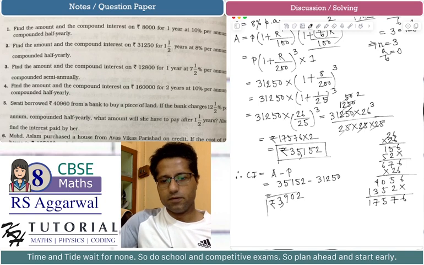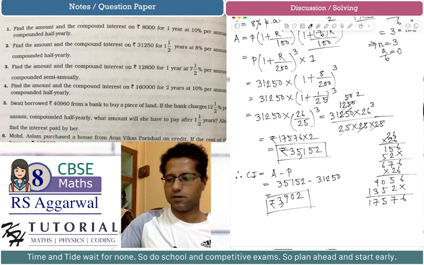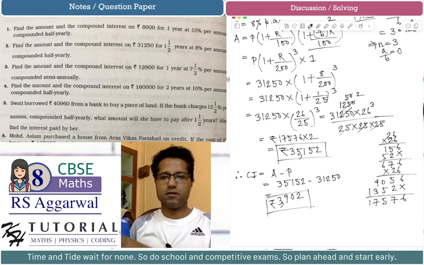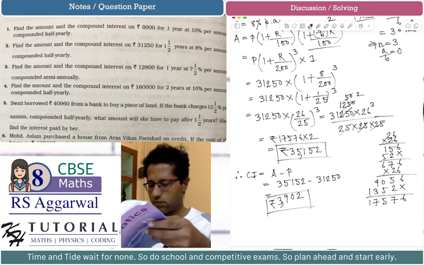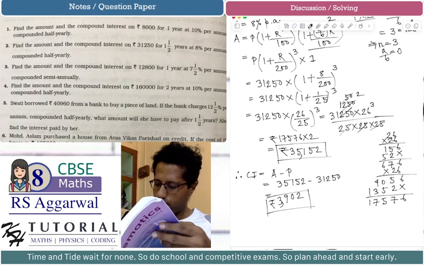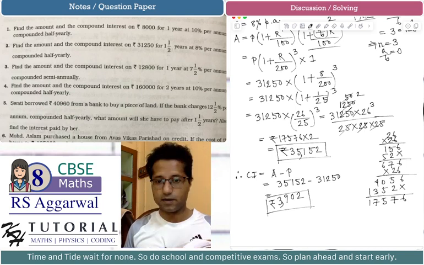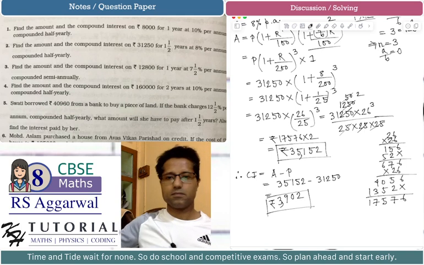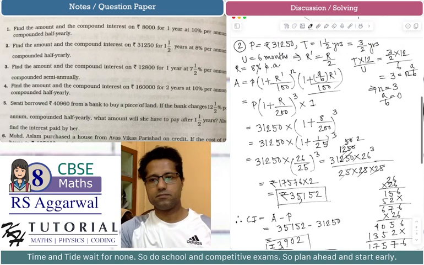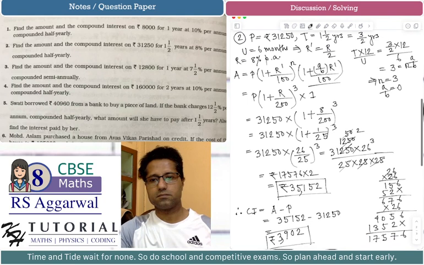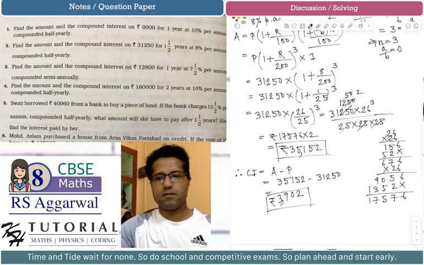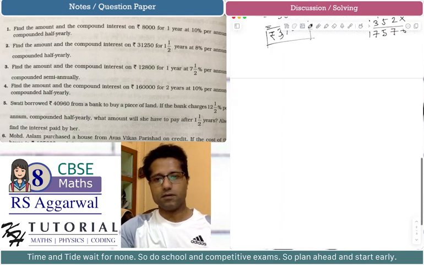So the compound interest is rupees 3,902 and the amount is 35,152. 35,152 and 3,902 is correct. Okay, let's do problem number 3.